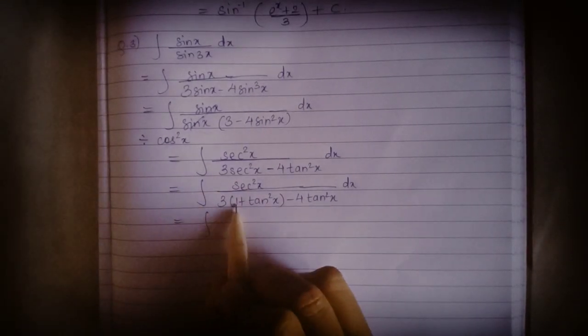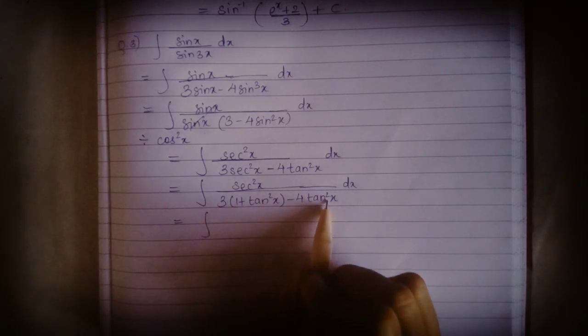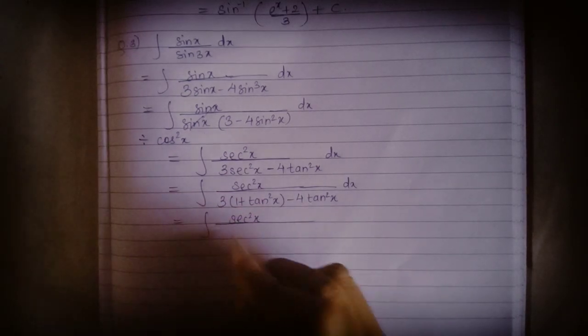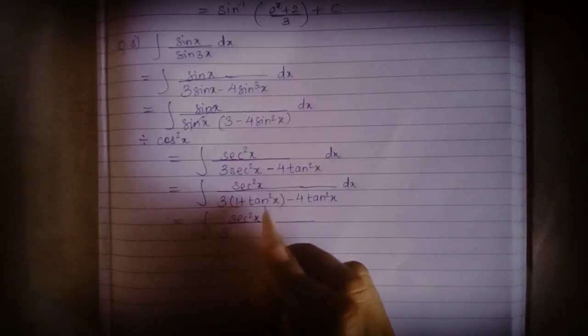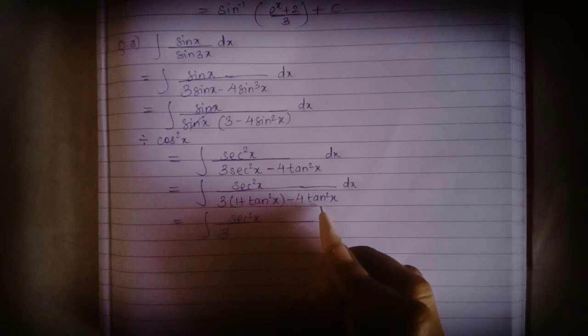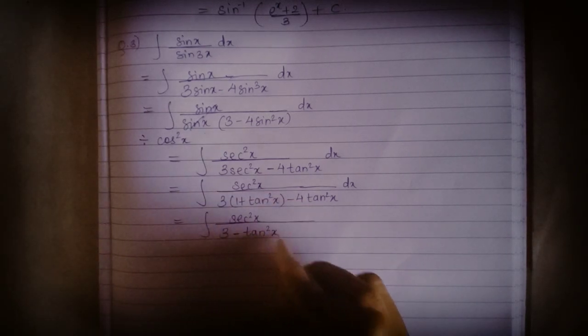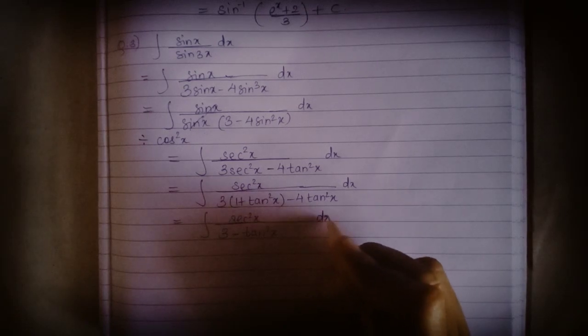So when you take this 3 inside, it will be 3 plus 3 tan square x minus 4 tan square x. So we know that this is 3 plus 3 tan square x minus 4 tan square x is 3 minus tan square x, right?